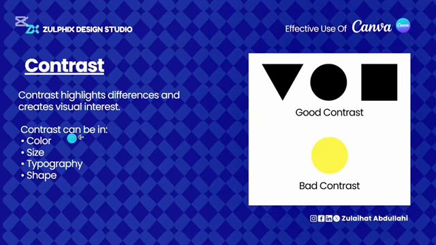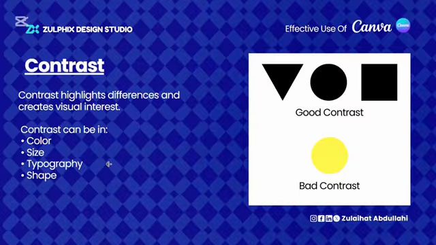So, for example, if I want to create a design and I want to grab the attention of the viewer, I can use typography, that is the kind of font here. I can make it big enough so that it will be the first thing that they see. So that will be the main information, that big one.